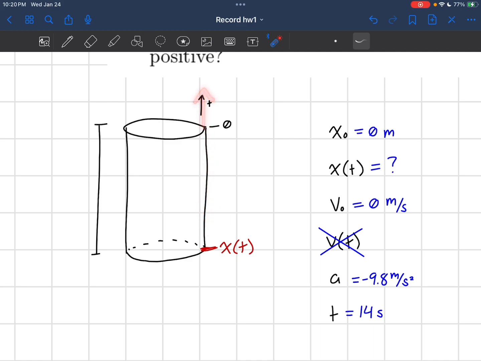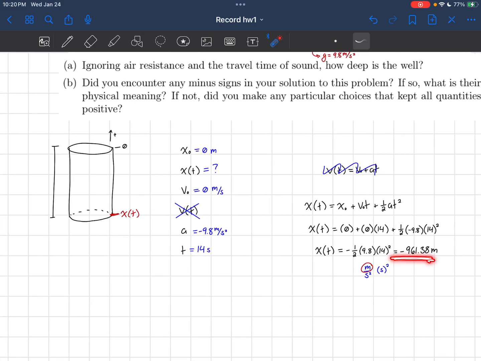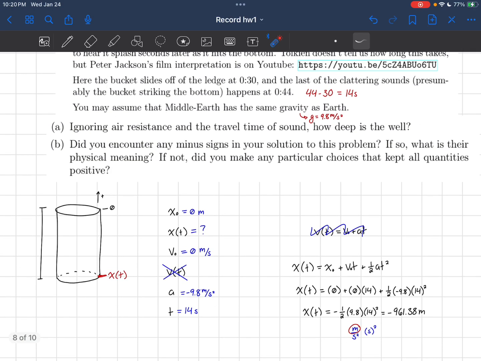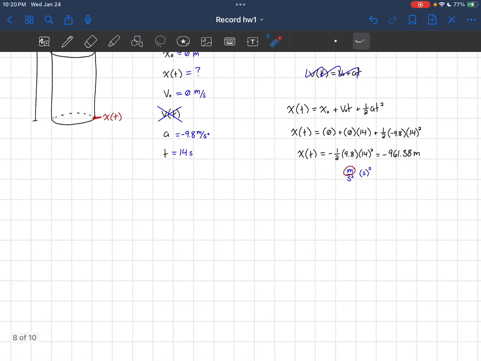Because I said up was positive and I had a negative acceleration, I kept all my signs consistent with my coordinate system. So this negative sign over here tells me that I have a position that is in the negative direction from 0. So if I'm asked for the depth of the well, a well won't have a negative depth.